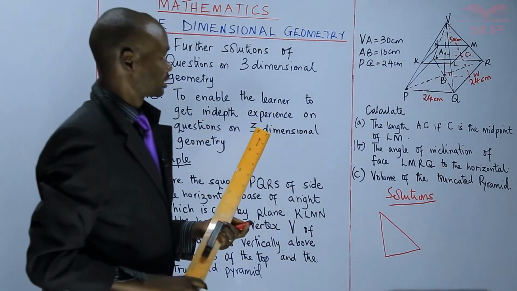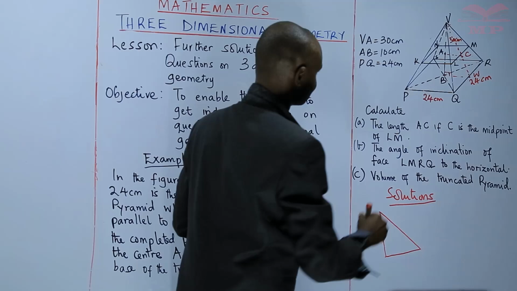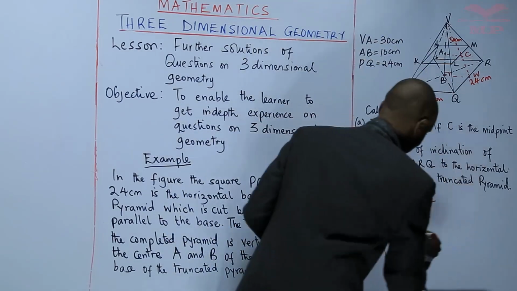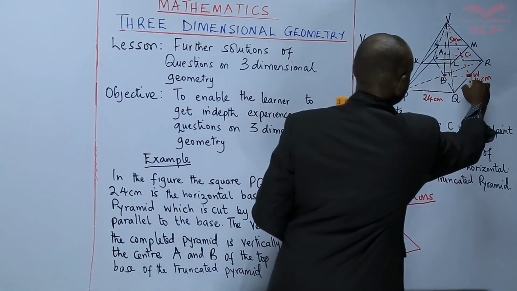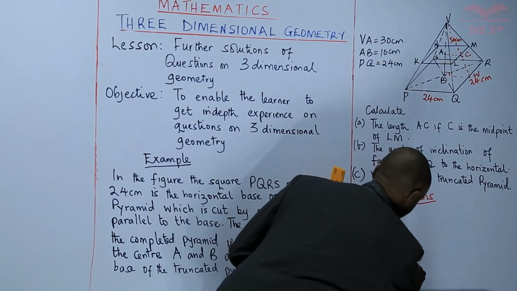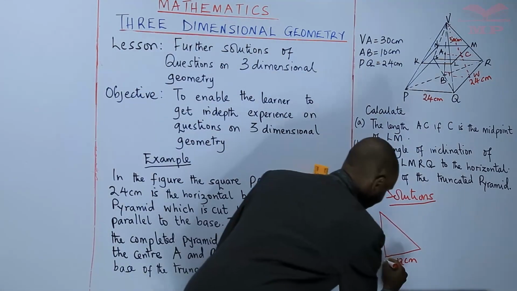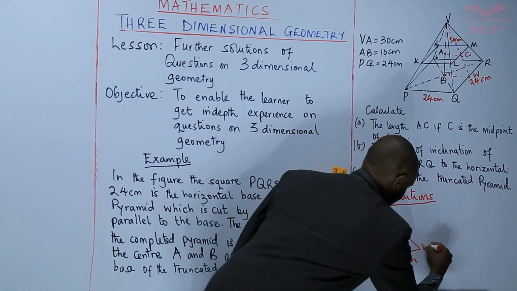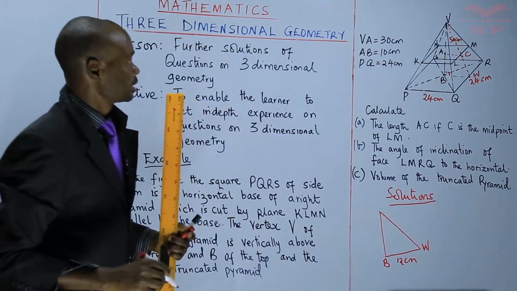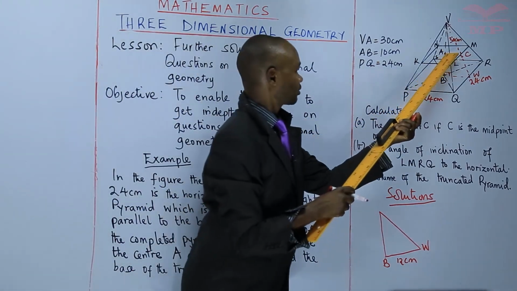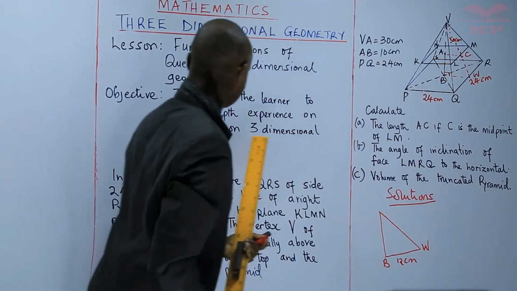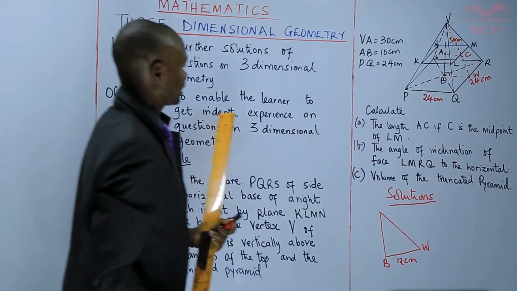So if I remove this BW, since this one is 24 and that is the center, BW will be what? From the center to W, it will be 12. That is BW. We also come to A. That point AB was already given. AB was 10.